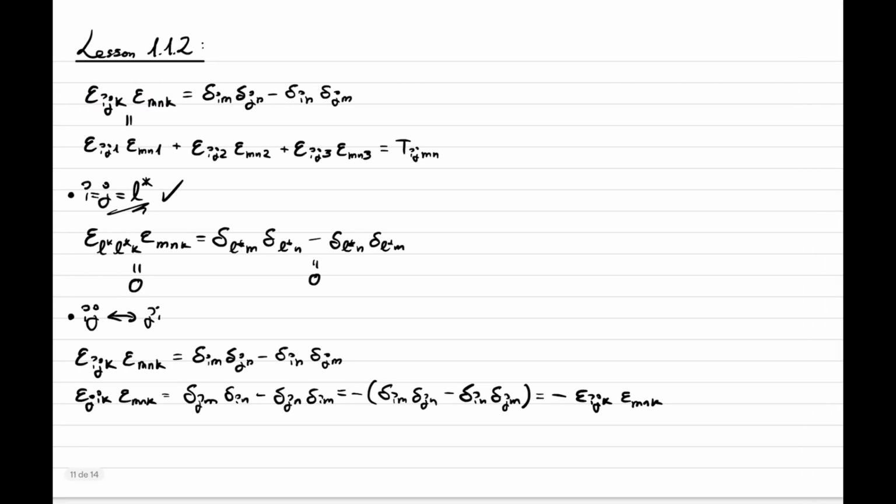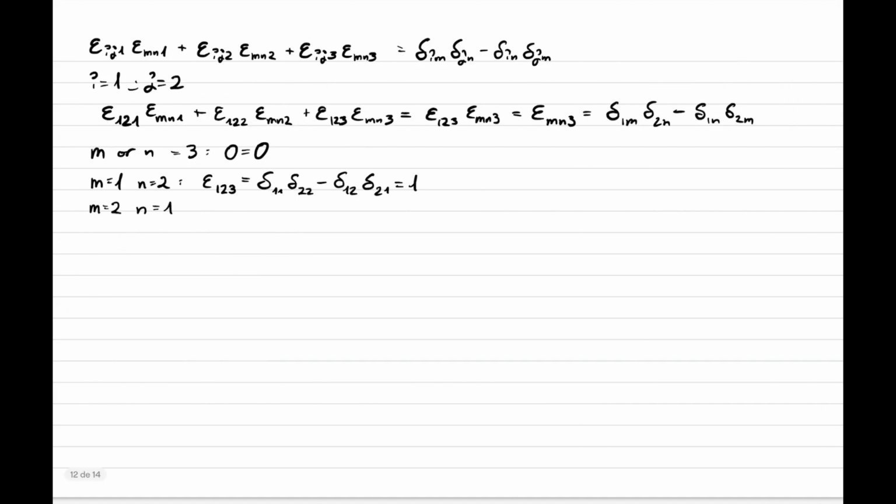And you also can apply this to the case that you imagine what happens if m and n equal 1, both of them, or 2, and if they are equal, we showed that it's going to be 0 equals 0, so it's also going to apply. So we just need to check this case, and we know that for this one we are going to have epsilon 2, 1, 3, and it's going to be minus 1.